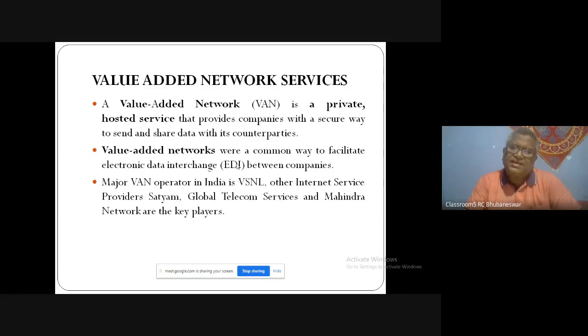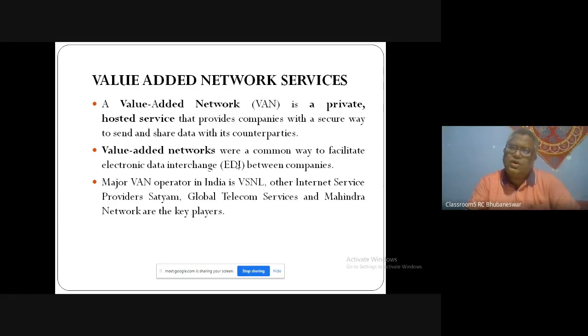What is VAN? It is a private hosted service or internet service provider. If you take the example in India, BSNL is there, Bharat Sanchar Nigam Limited.